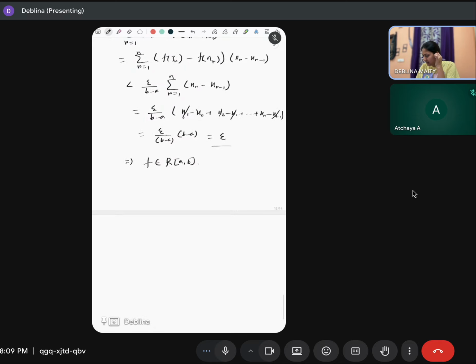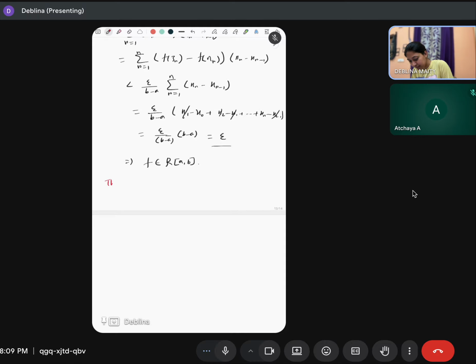Now we'll see some examples. So let f(x) be the box function. Okay, first I have to derive some result.